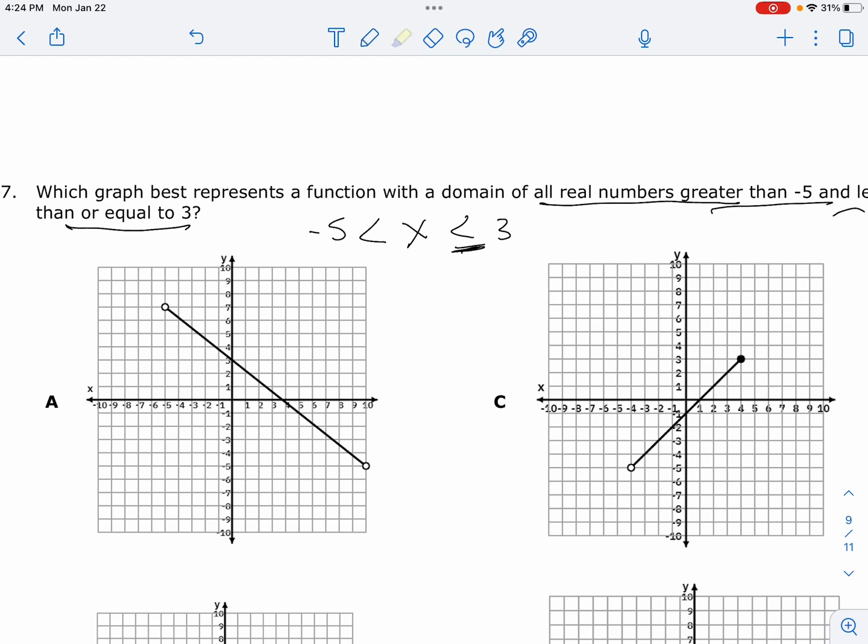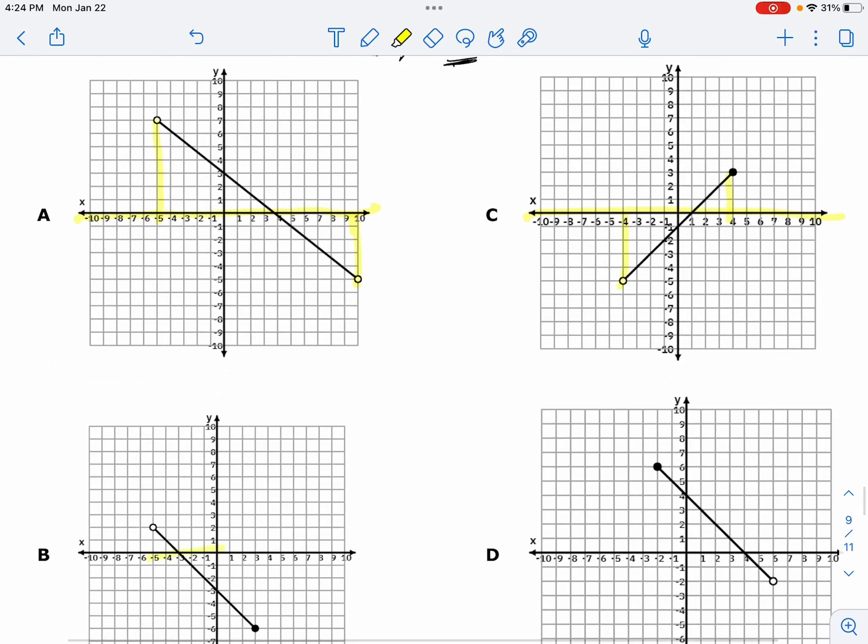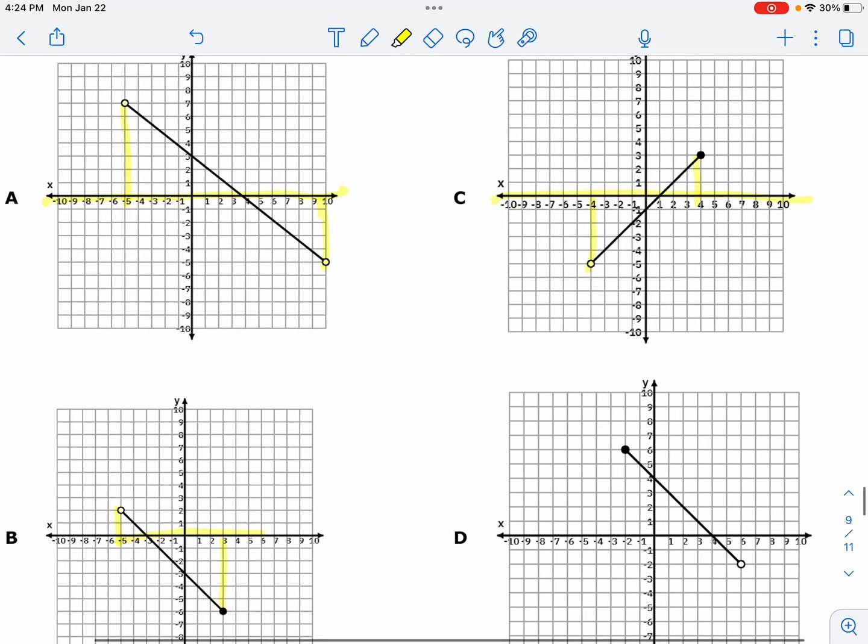So I'm going to go highlight my graphs. Clearly those numbers are wrong because that stops at a 10. That's -4 to 4, so that's not it. -5, +3, that might be it. -2 to +5, that's not it.